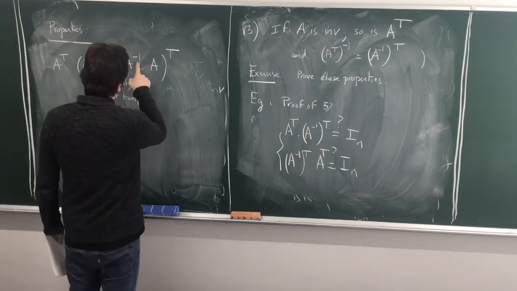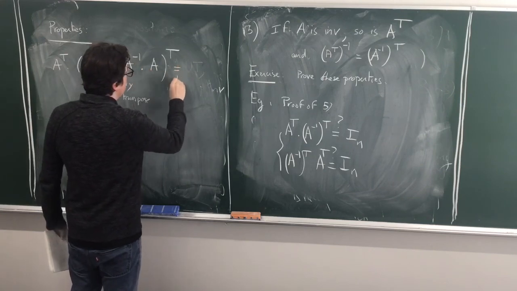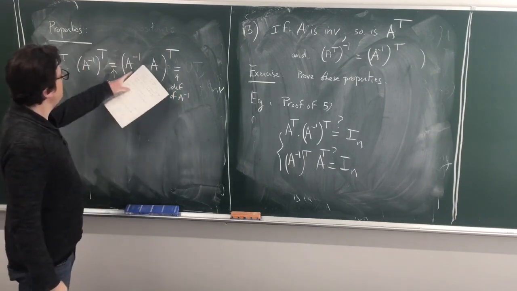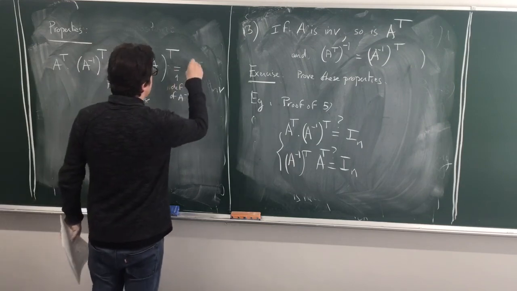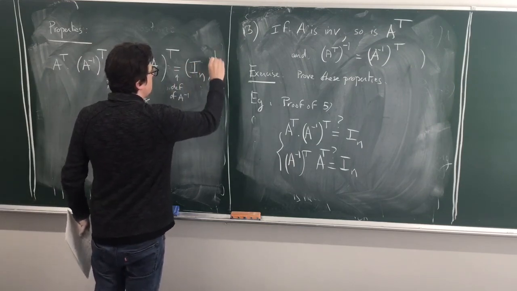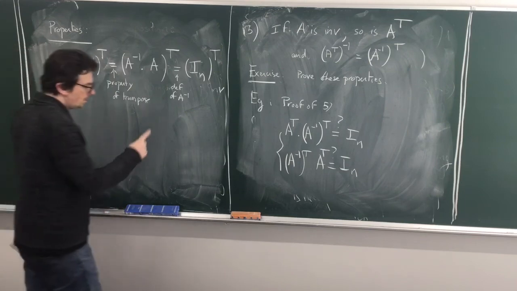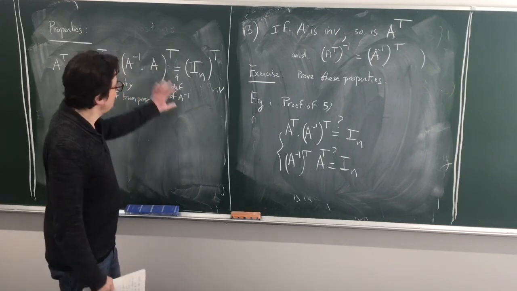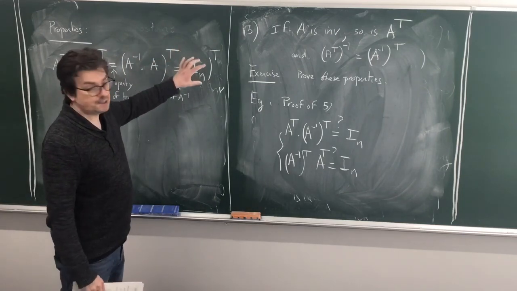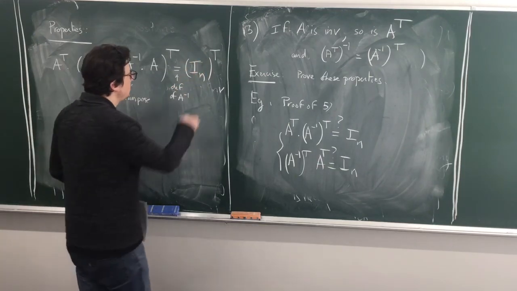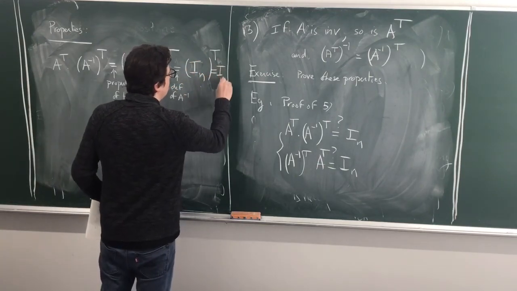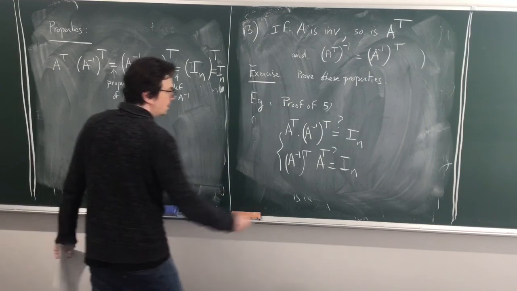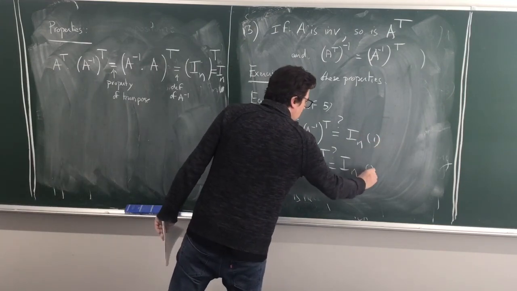But by definition of A^(-1), this product is in fact the identity, and then transpose. What is the identity? It is a diagonal matrix with 1 on the diagonal and 0 as other entries. You can check very easily that if you transpose this matrix, you get the same matrix. So the transpose of the identity is the identity. You get your first equality, this proves 1.